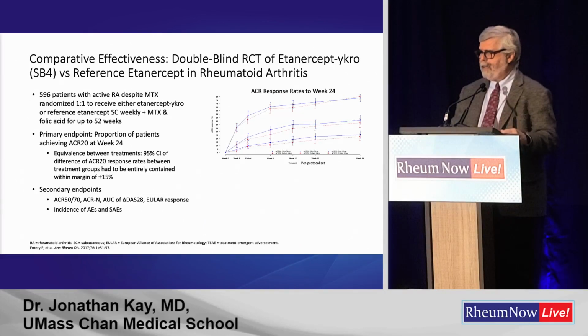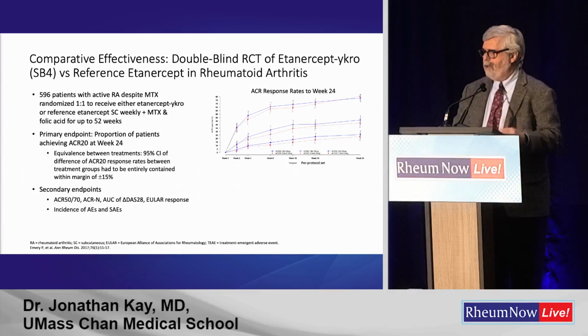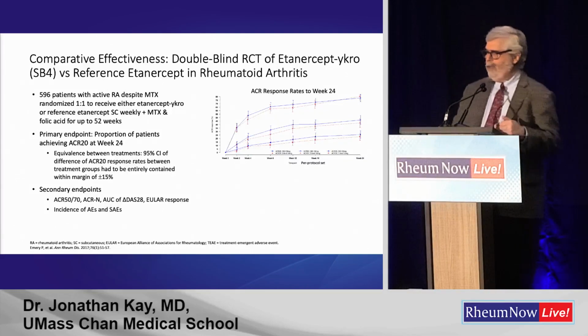A comparative effectiveness trial is shown here, an example of Samsung Bioepis' etanercept biosimilar. When it was a biosimilar candidate, it was known as SB4, compared to reference etanercept in rheumatoid arthritis. Here, the study was powered for an ACR20 at week 24 with an equivalence margin of plus or minus 15%.